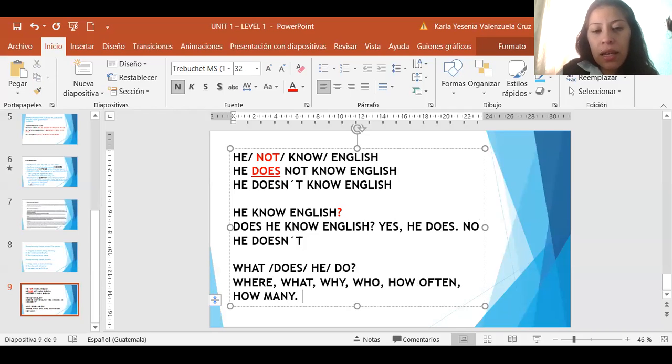If you want short answers, you use your auxiliary verb at the beginning. If you want long answers, you have to use information questions or W questions.